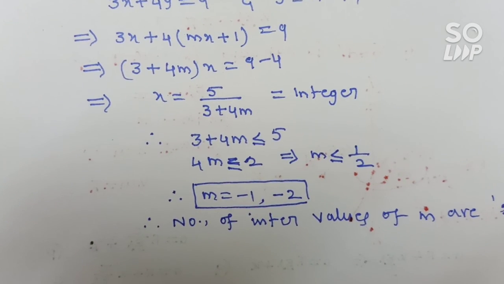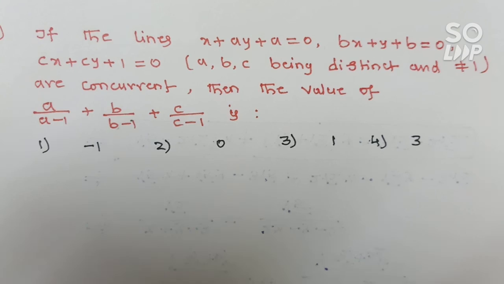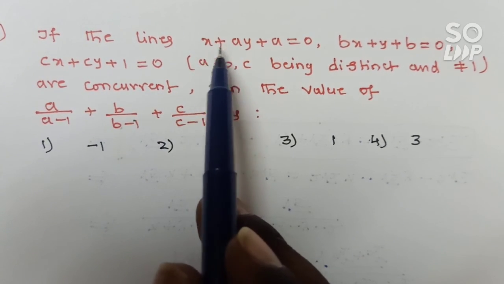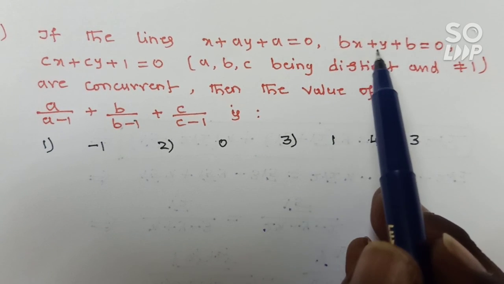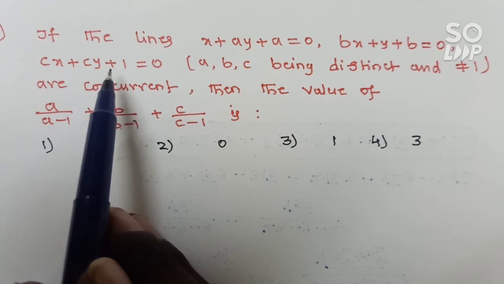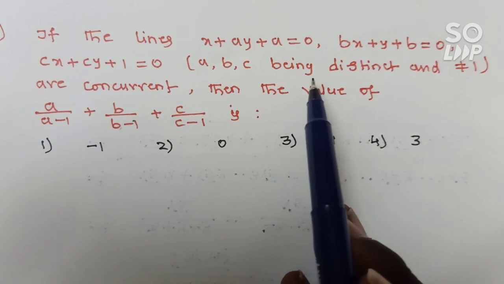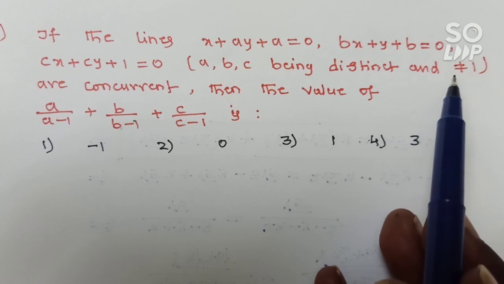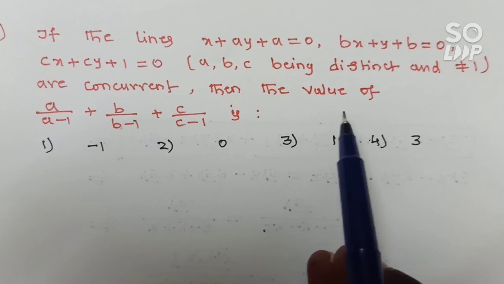Right. So we will see the next question. This is a very important question. If the lines x plus a into y plus a equals 0, b x plus y plus b equals 0, c x plus cy plus 1 equals 0, with a, b, c being distinct and not equal to 1, are concurrent, then find the value of a.